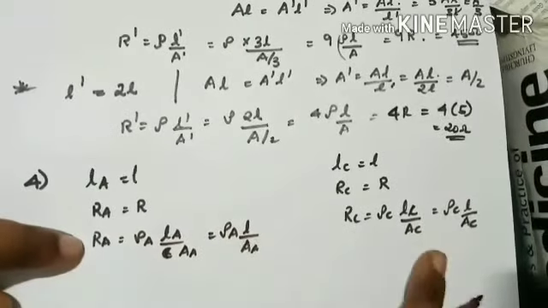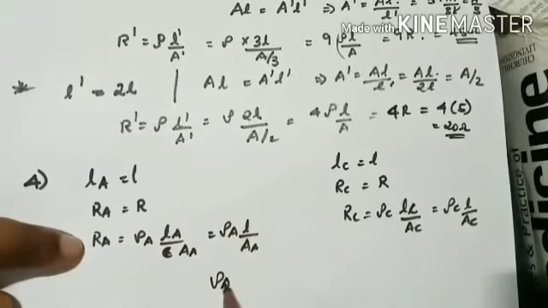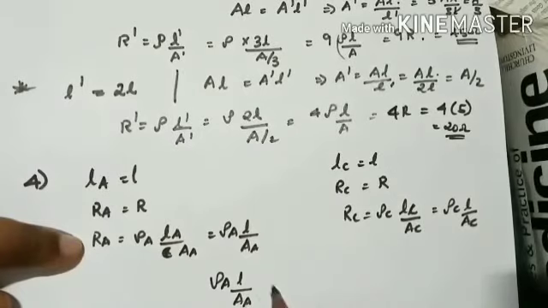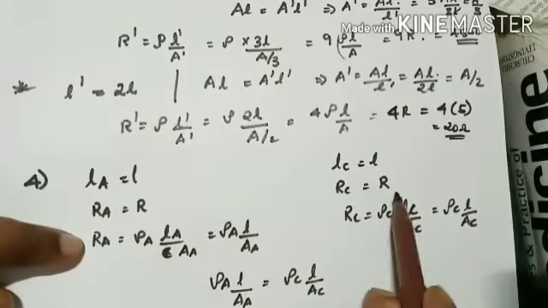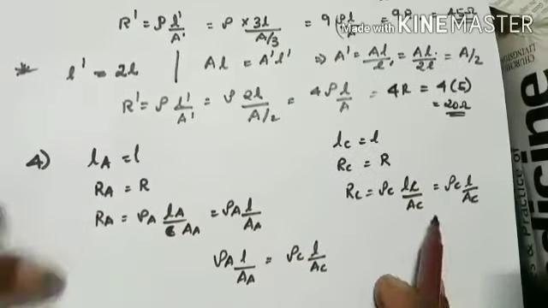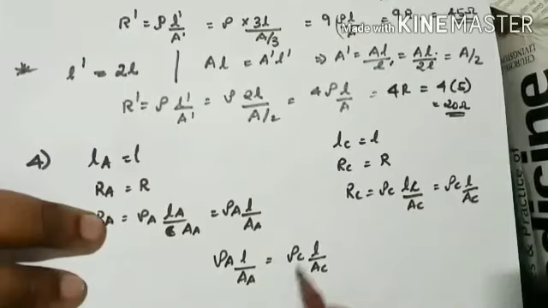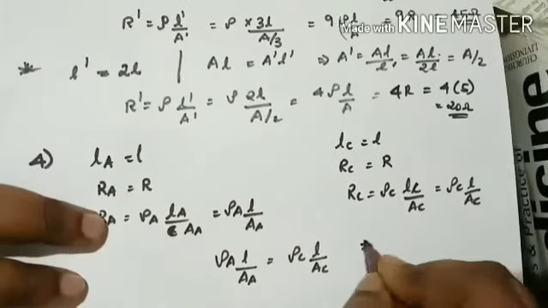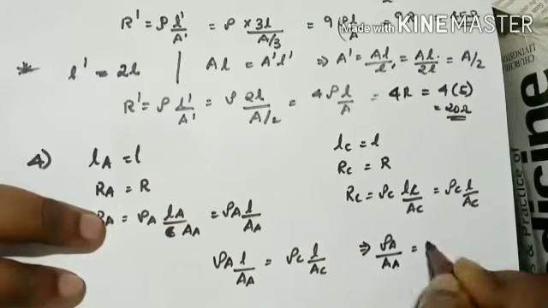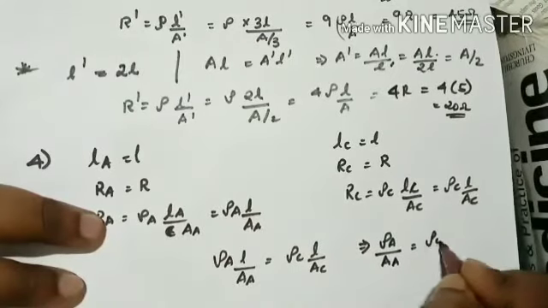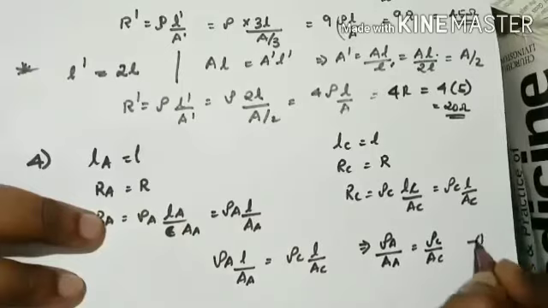When I equate them, both sides have the same parameter L, so I will cut it off, L and L, because it is given in the question. So it will be rho A by AA is equal to rho C by AC, where rho A and rho C are the resistivity of aluminium and copper.